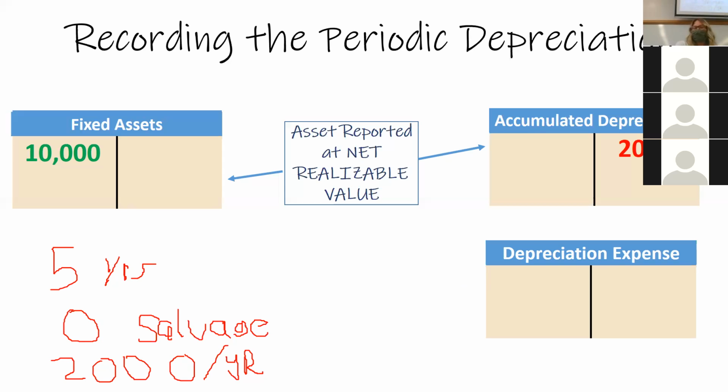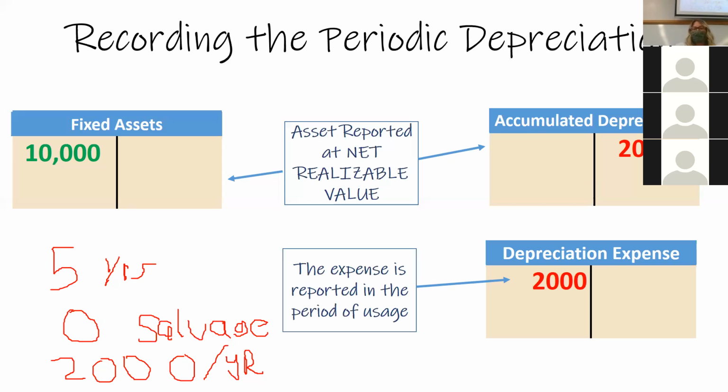The opposite side of that transaction is the depreciation expense, which we report in the period of usage, and our expenses are recorded as a debit. Any questions about that?